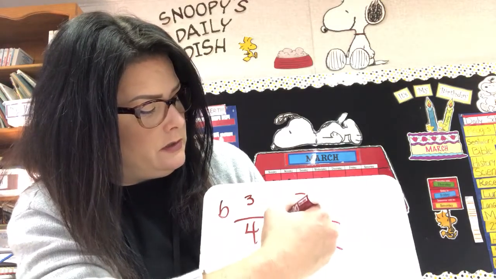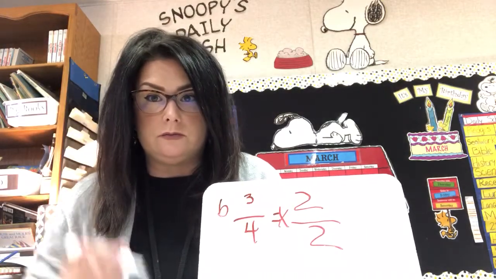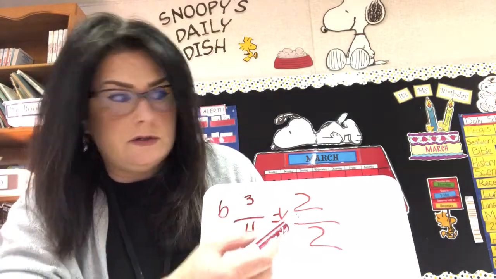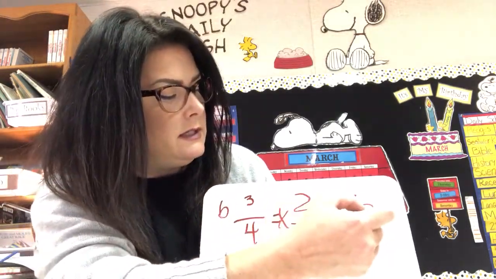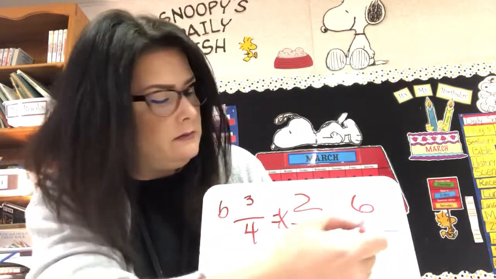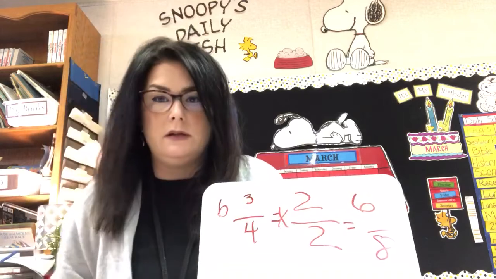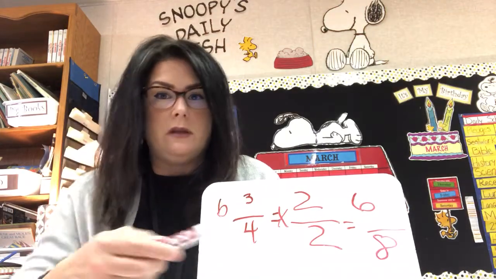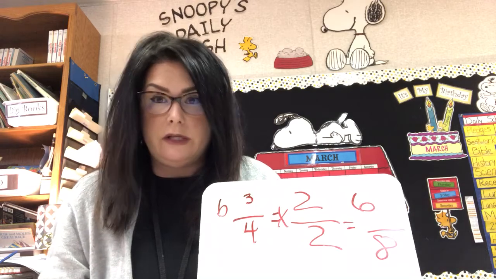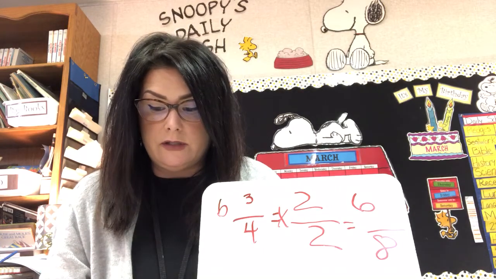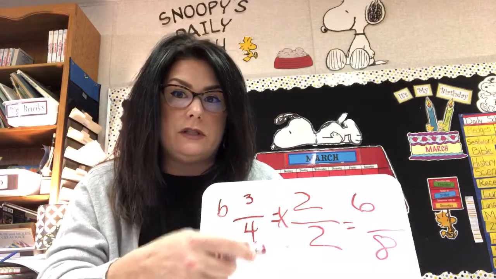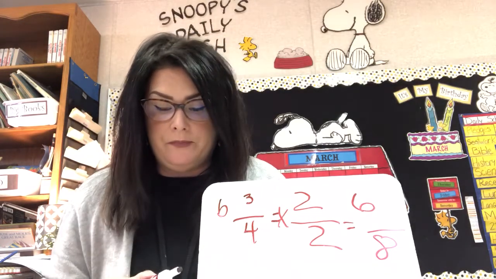You're going to pretend that your equal sign is a multiplication sign. 3 times 2 is 6, because I know you all know that one. And 4 times 2 is 8. So I know you know that. That's as hard as it is, okay? So you hopefully can do C on your own where it says 1/3. You're going to be multiplying it by 2 over 2 just like we did here, okay?